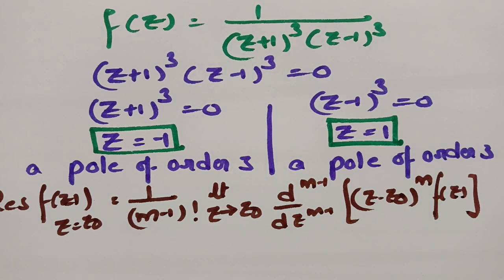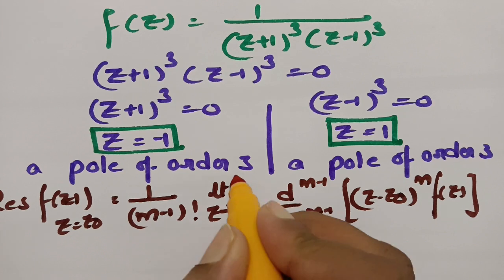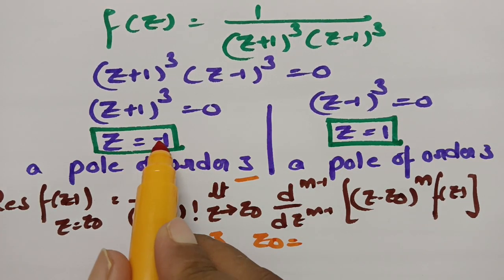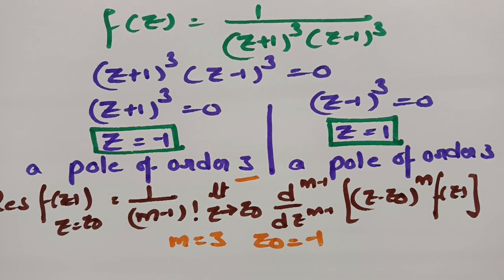Clear? Here m is the order value, so m is equal to 3, and the pole value will be the z naught value.